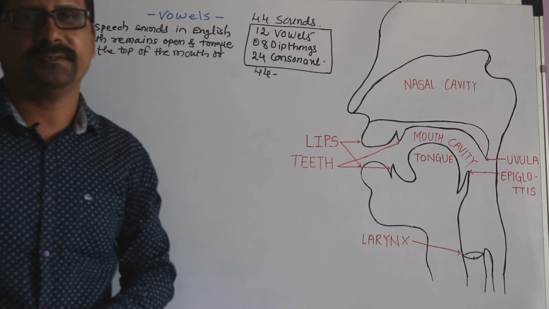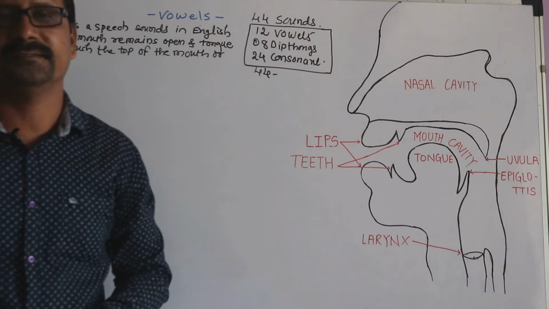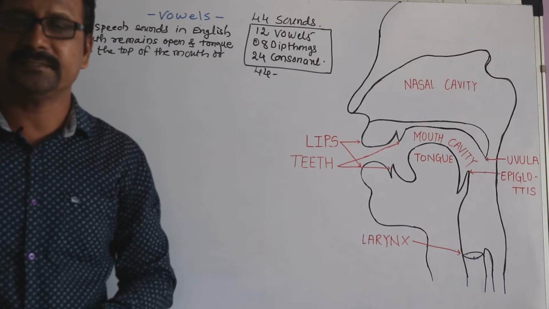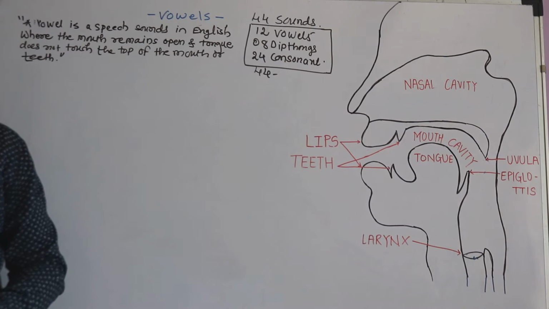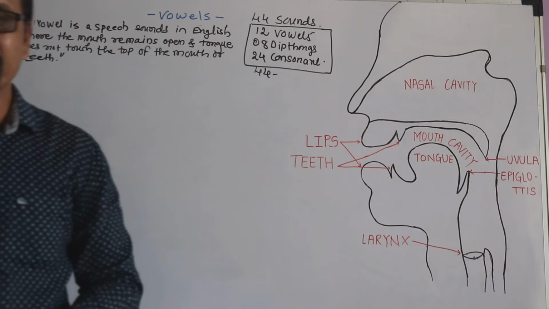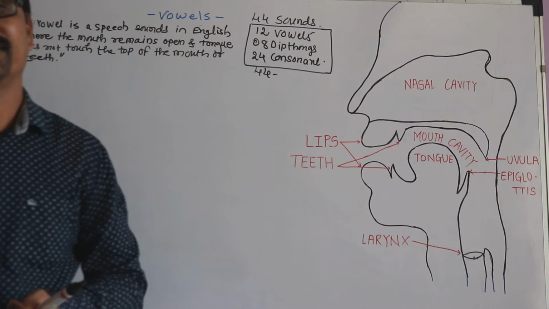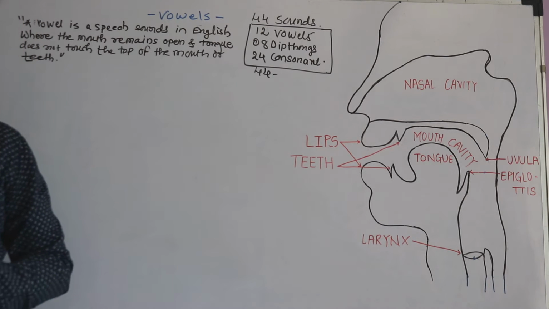Friends, this is very important as far as the vowels are concerned. A vowel is a speech sound in English where the mouth remains open and the tongue does not touch the top of the mouth or teeth.